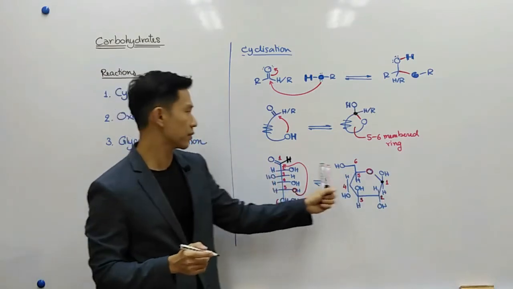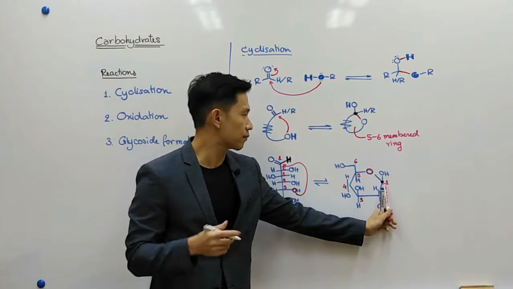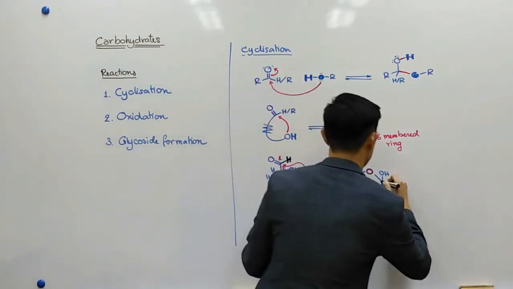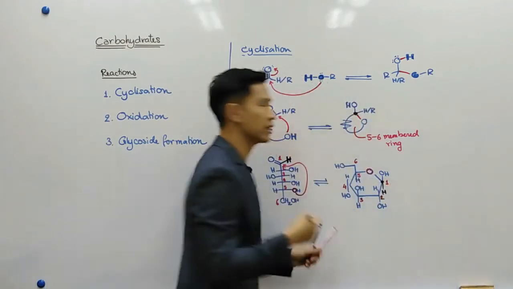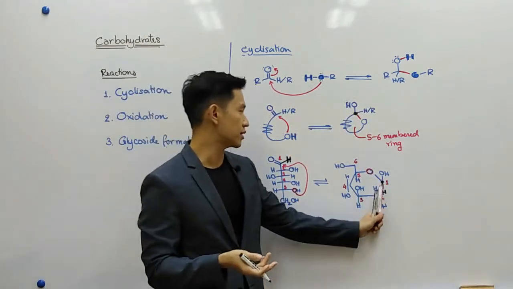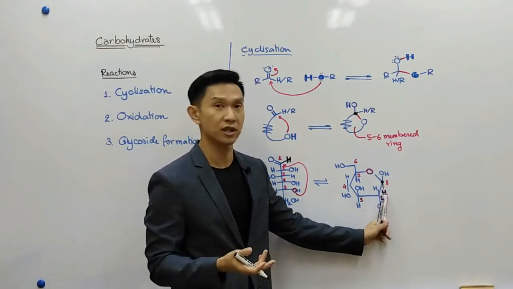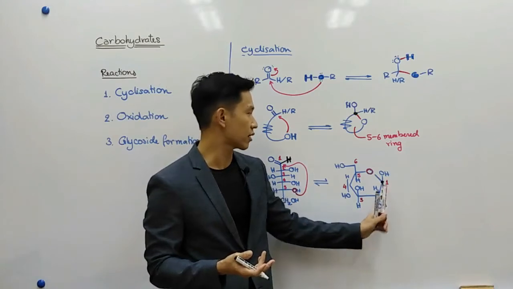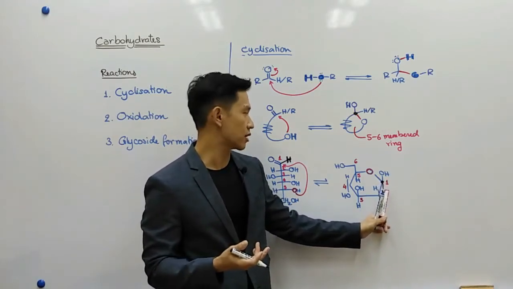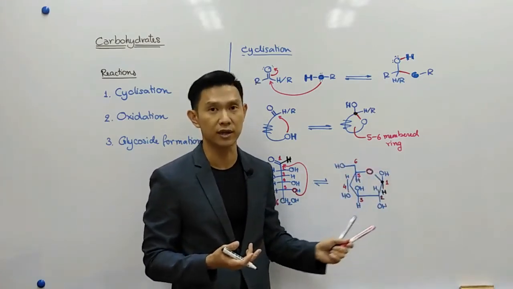So after you find carbon number 1 here, where is the carbonyl? Look at this. Your carbonyl connects with carbon and hydrogen, right? So a carbonyl with carbon and hydrogen is the aldehyde. But if the carbonyl contains carbon and carbon, that's the ketone. So if you can see the H connected with the carbonyl, that means your sugar is an aldehyde.